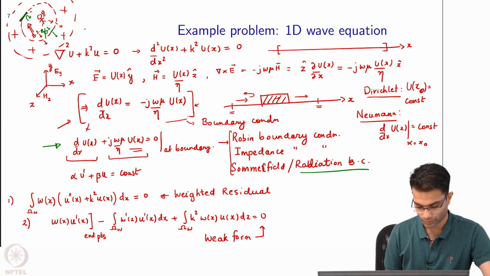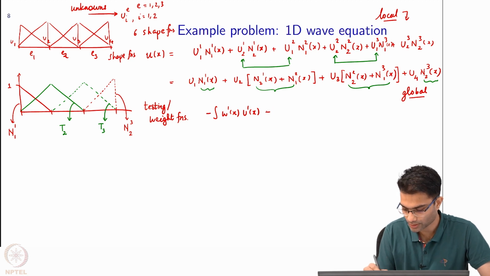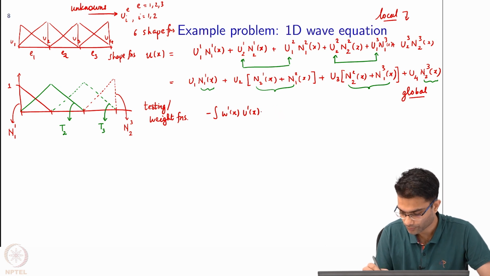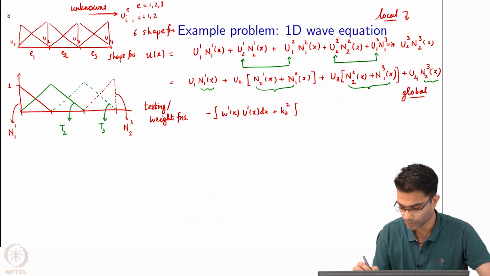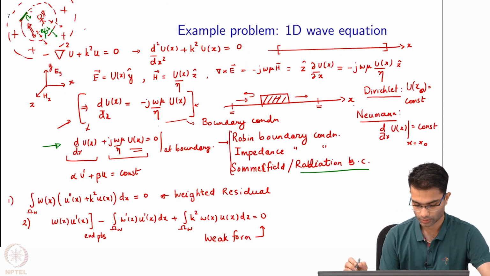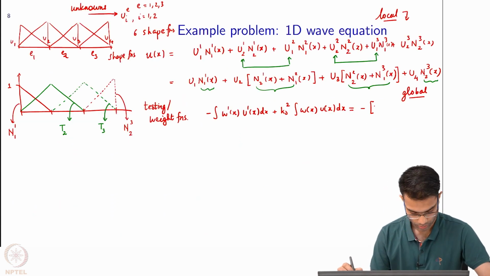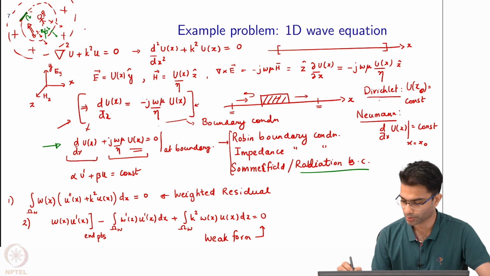The first term is w prime x u prime x, minus, this is a minus and a plus k naught squared w x u x, is equal to the endpoints term, right. So this is equal to minus w x u prime x.